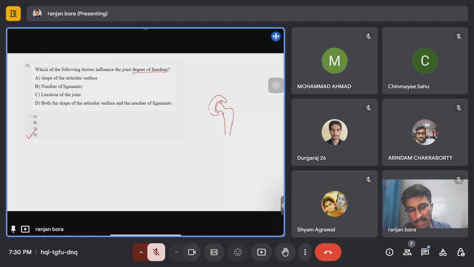The femur is inside this acetabulum cup, so it acts as a ball and socket joint. It depends on the shape of the articular surface, right? First option. If it is not this shape, if it is some kind of different shape, then it would have a different degree of freedom, right?